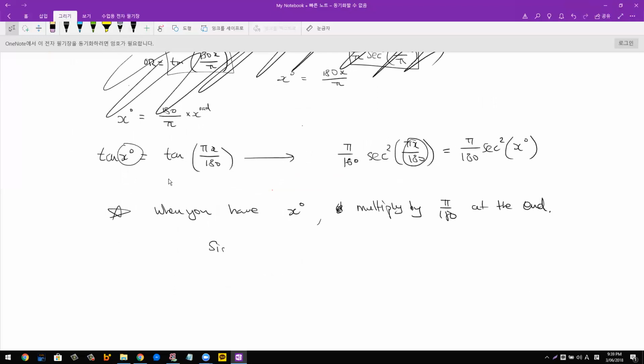If you have the sine of x degrees, what's the derivative? The answer is cosine of x degrees, but multiplied by pi over 180. Do you understand? That's very simple, isn't it? That's all you have to do.